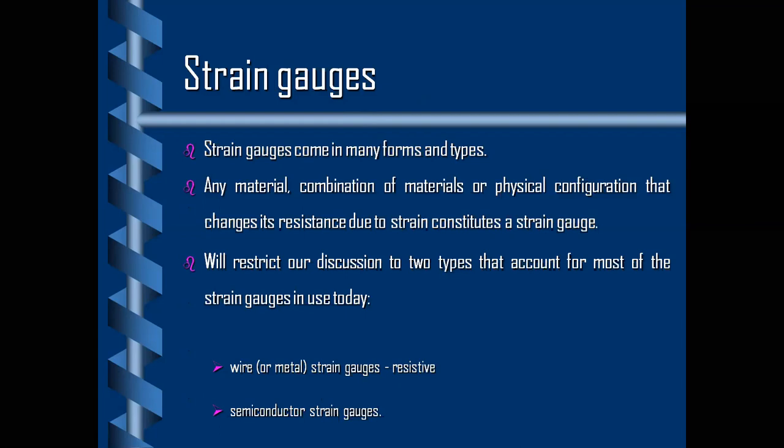We'll restrict our discussion to two types that account for most of the strain gauges in day-to-day life applications. The two types commonly used nowadays are wire or metal strain gauge, that is resistive type, and semiconductor strain gauge. We will study these two types thoroughly.